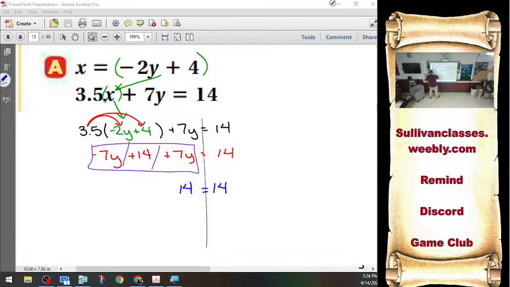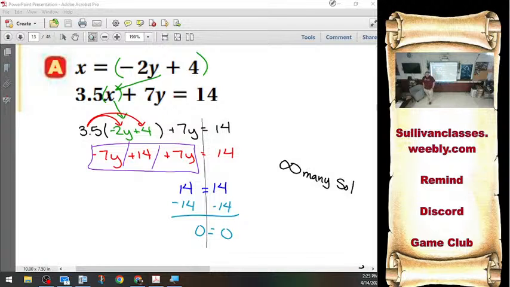Waffle is waffle. You want to go further? You can turn every one of these identity style problems into 0 equals 0 at the end of it. Or x equals x. 5 equals 5. 14 equals 14. I get down to that final answer, and I'm going to call it, not all real numbers, infinitely many solutions.